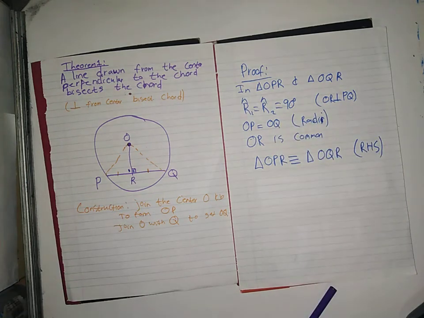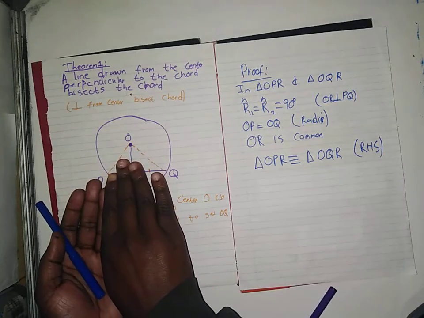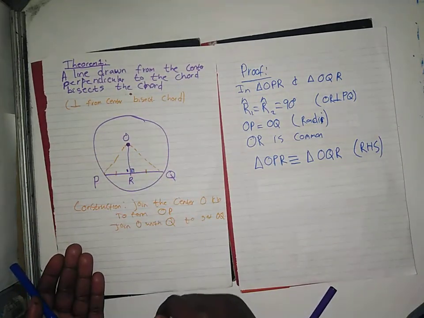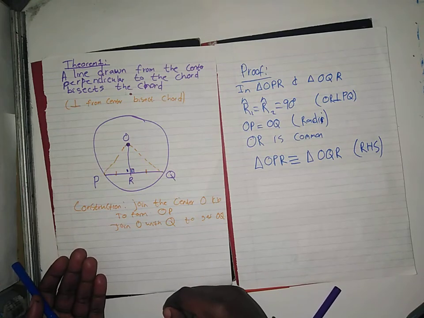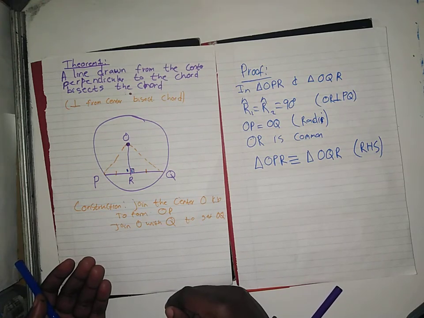All right, okay, so it turns out that this triangle, if you can just flip it over, it can fit exactly to this one. That means they are equal in length, in shape, they are also equal in size, so they are exactly the same, they are aligned to each other.